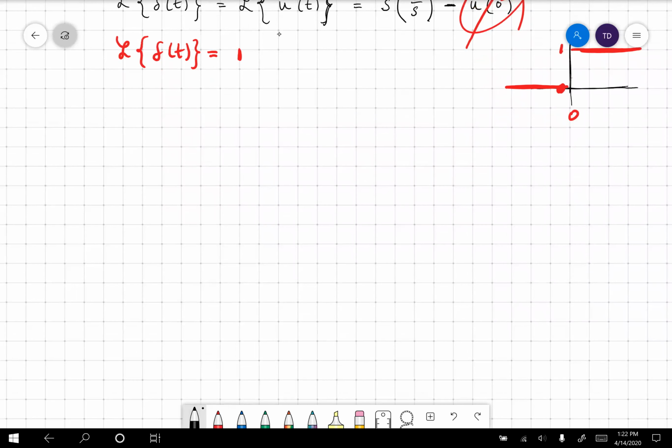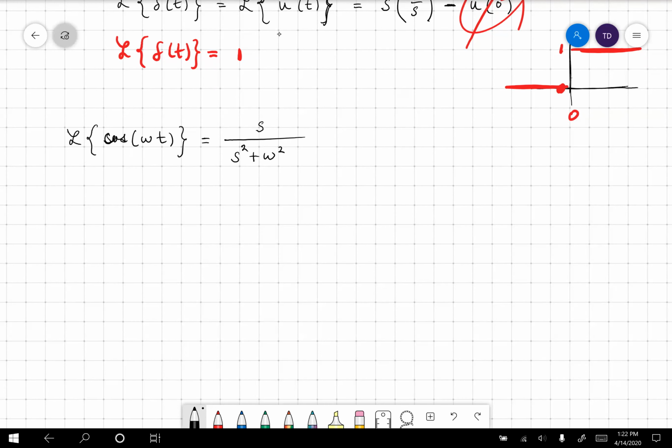Great. Now let's use one that we don't know. We know the Laplace transform of cosine of omega t is equal to s over s squared plus omega squared.